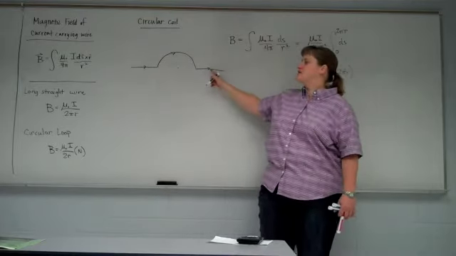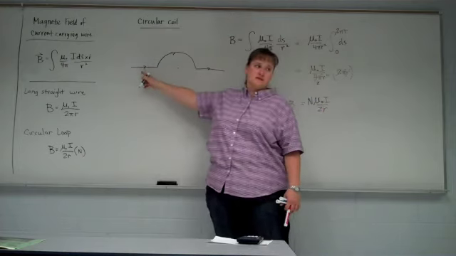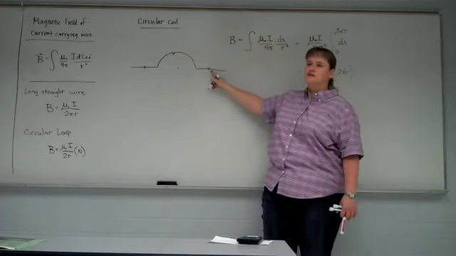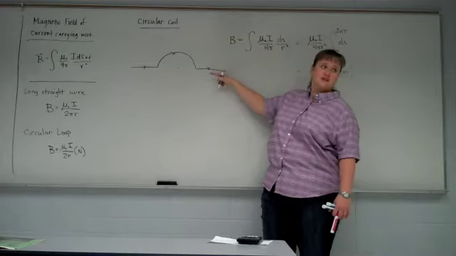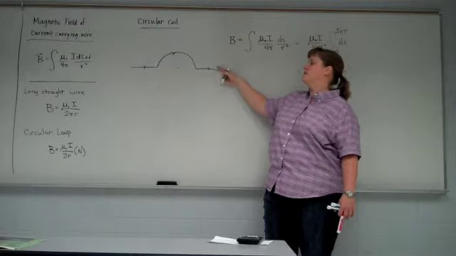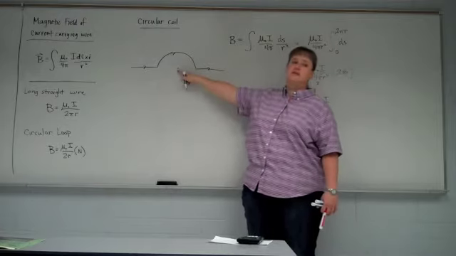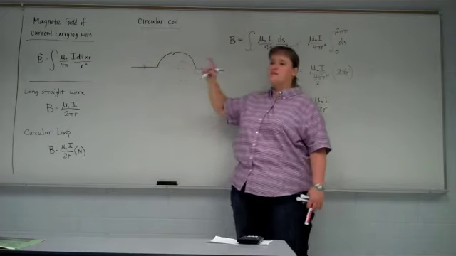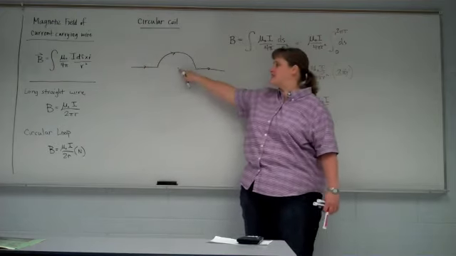These straight portions are creating magnetic fields. But what does the magnetic field look like around a straight wire? It makes nice little circles around it, right? Will a circle drawn around this wire pass through that point? No. These long straight segments will not produce a magnetic field at that specific point.